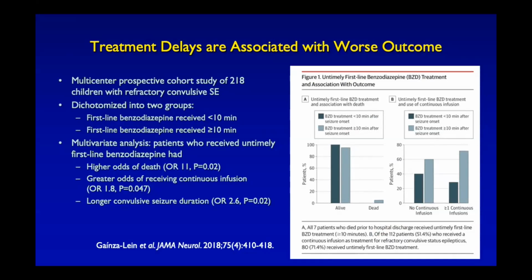In a multivariate analysis, adjusting for other important clinical factors, they found that patients who received untimely first-line benzodiazepines had higher odds of death, greater odds of receiving continuous infusions, and longer convulsive seizure duration.